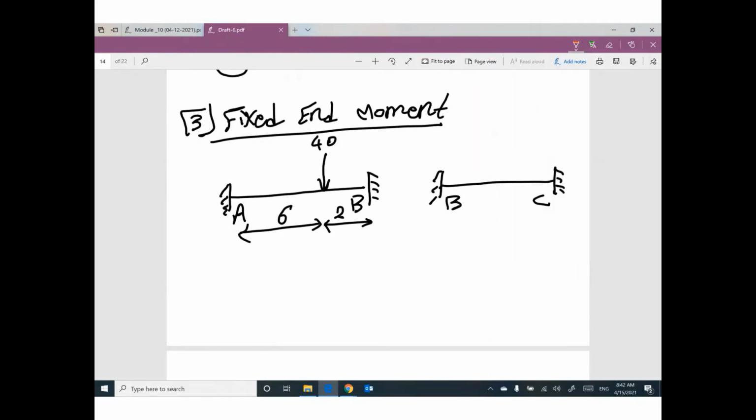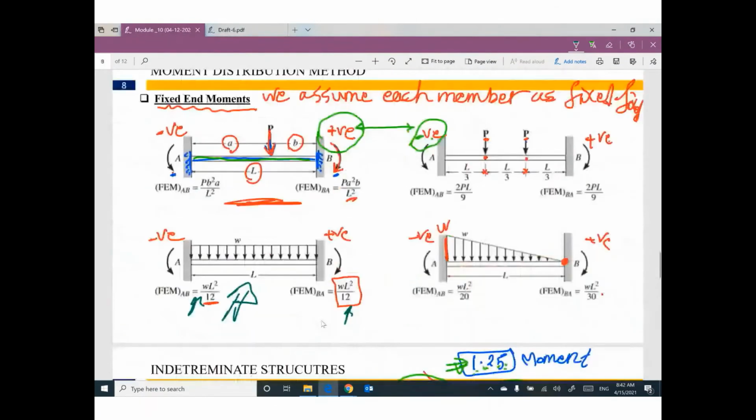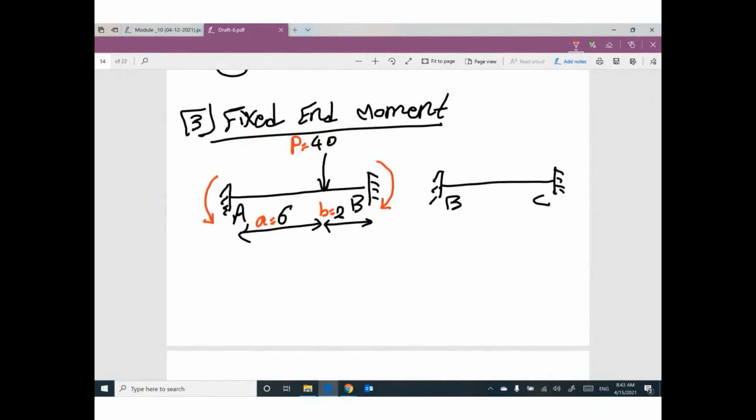So I think P equals 40, a equals 6, b equals 2. I can figure out the value of moment here and the value of moment here based on the situation. So I think your values will be 45 positive, and this value will be 15 negative.